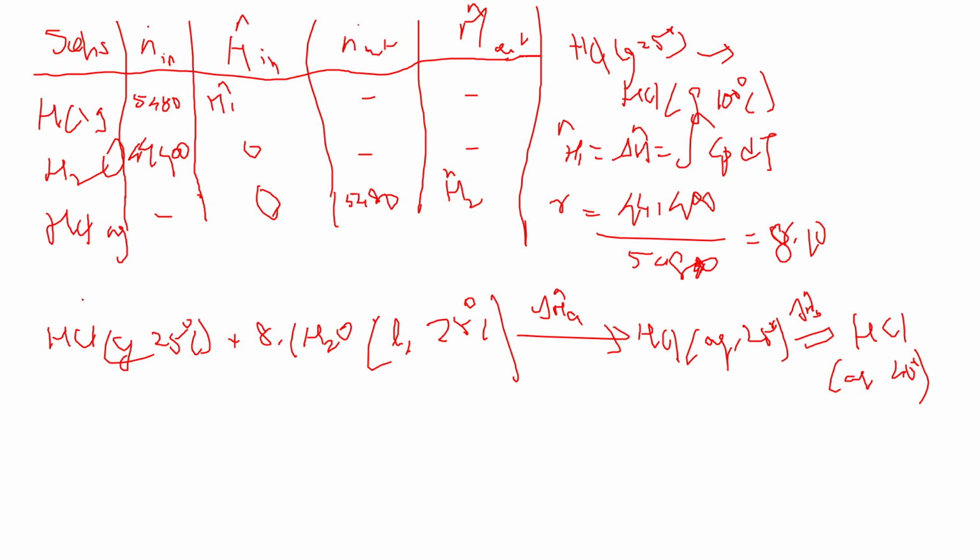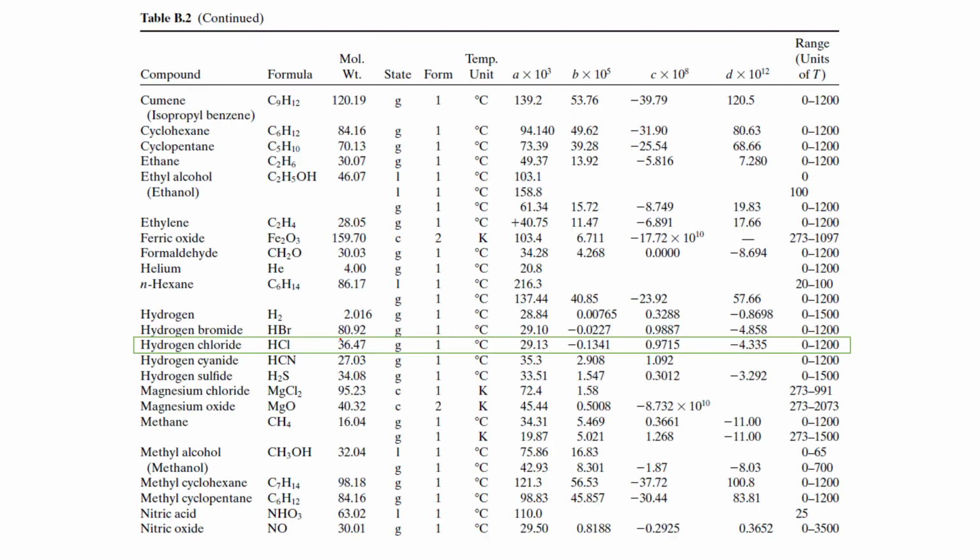So delta H cap A can be calculated based on the heat capacity table that is given in Perry's Chemical Engineer's Handbook. You can see that. Here in this table, the heat capacities will be given as a function of mole fraction. So I have given the table here.